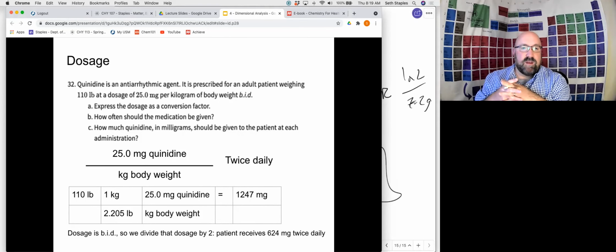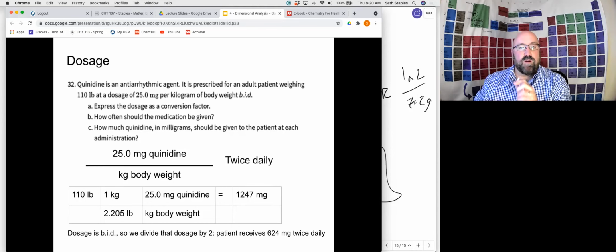And so quinidine is an antiarrhythmic agent, something that will help with arrhythmias and different heart palpitations. It is prescribed for an adult patient who weighs 110 pounds. The dosage is 25 milligrams per kilogram of body weight, BID.